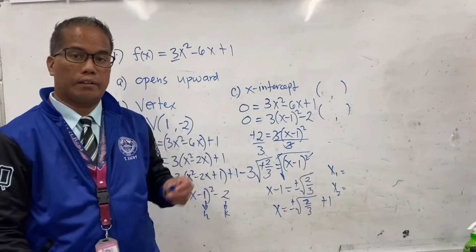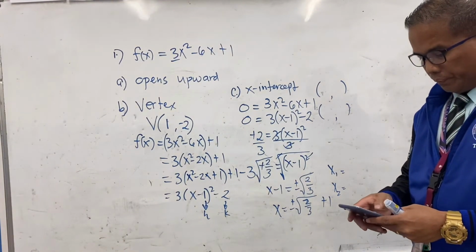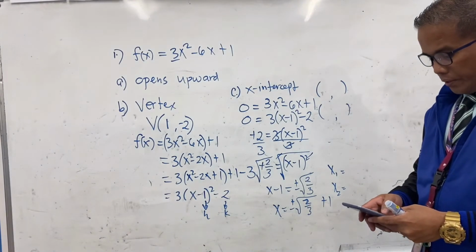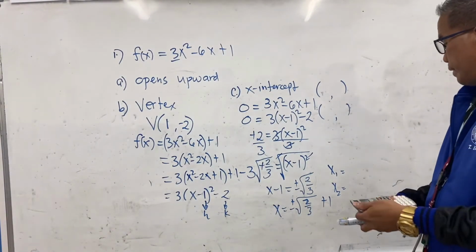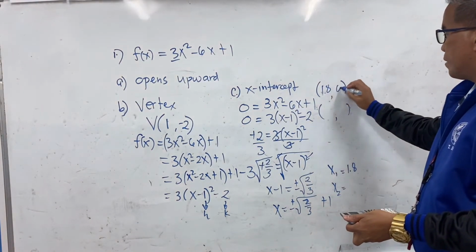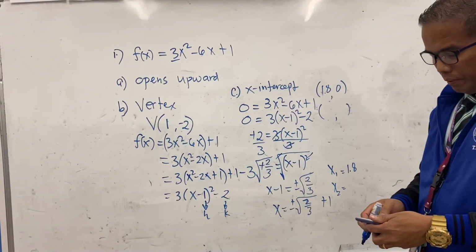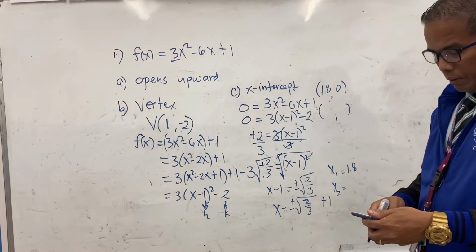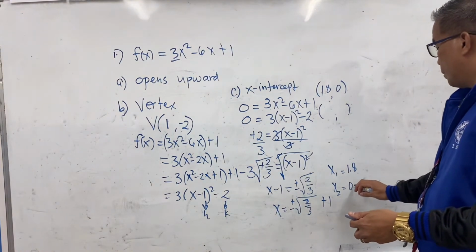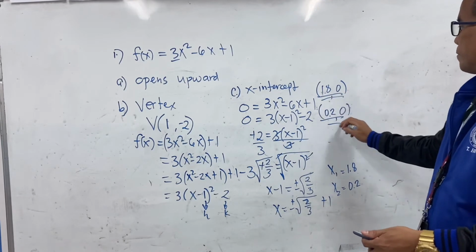You can use your calculator: square root of 2 over 3, then plus 1 equals. The answer is 1.8, so 1.80. Then if we make it negative, we have 0.2, so 0.20. So these are now the x-intercepts.